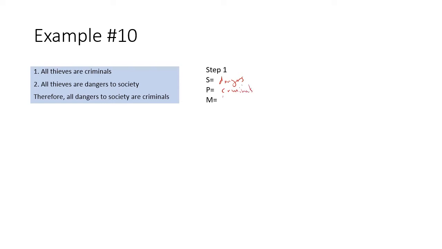And then thieves is our middle term. So you rewrite that, you get all M are P, and all M are S. And there you get, as a conclusion, all S are P.